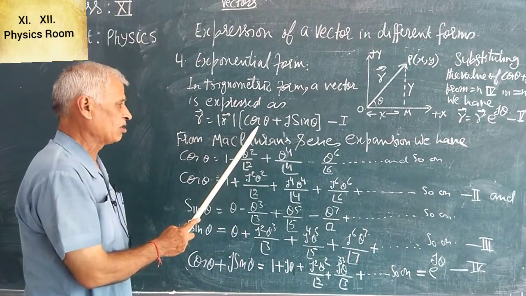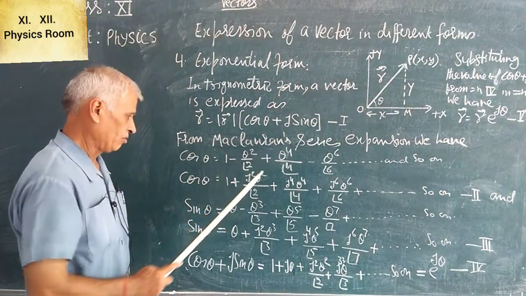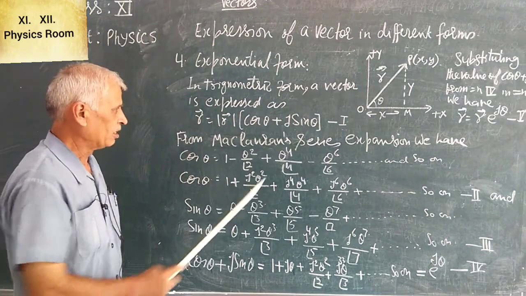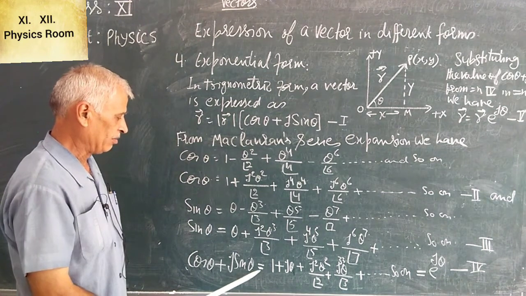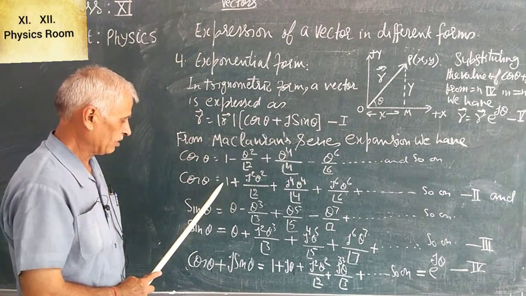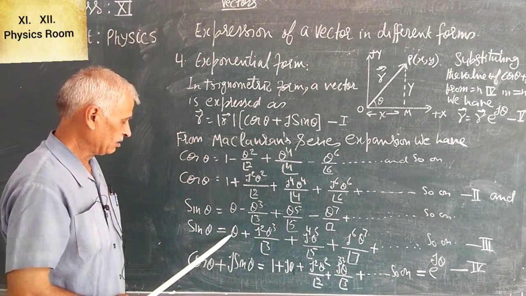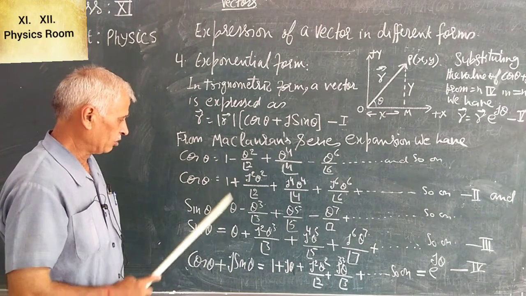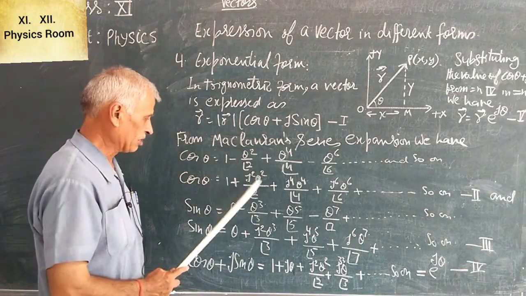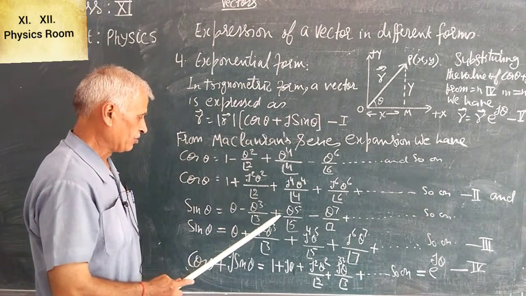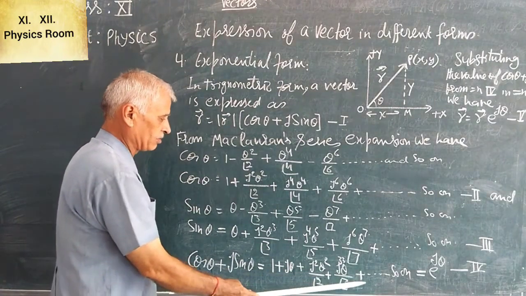So we have cos theta plus j sin theta equal to 1 plus j theta, since j is the multiplier of sin theta, plus j square theta square by 2 factorial plus j cube theta cube by 3 factorial plus so on.